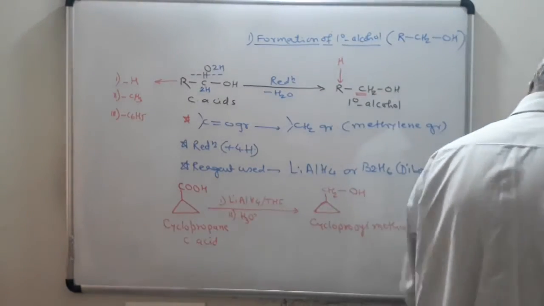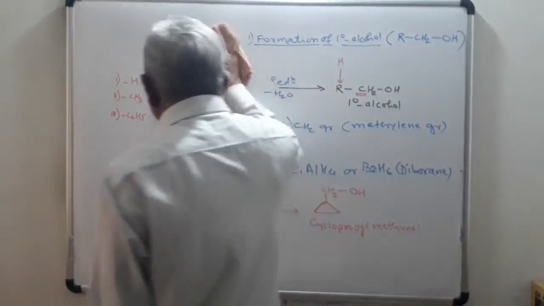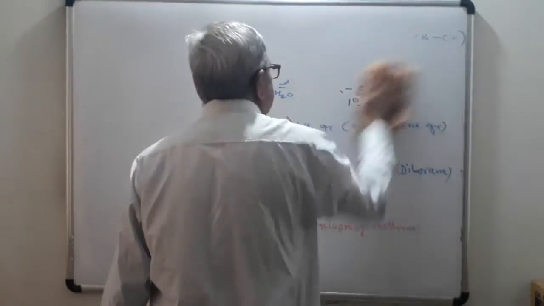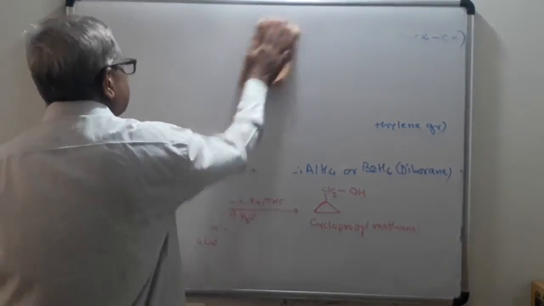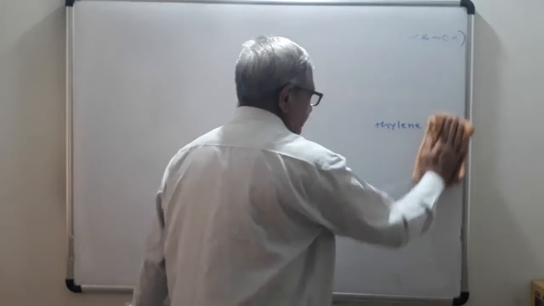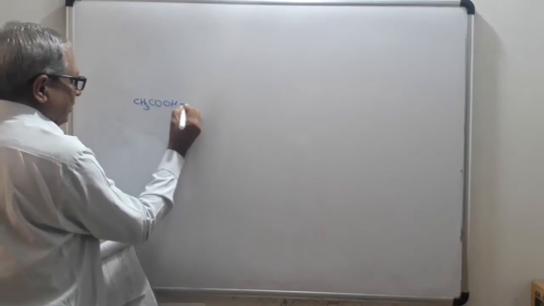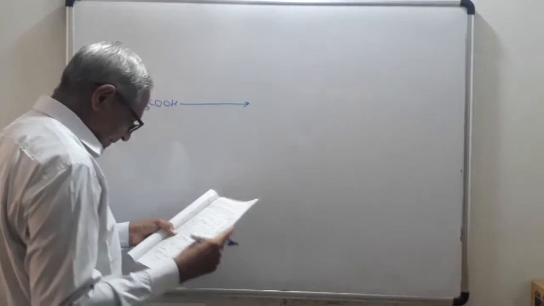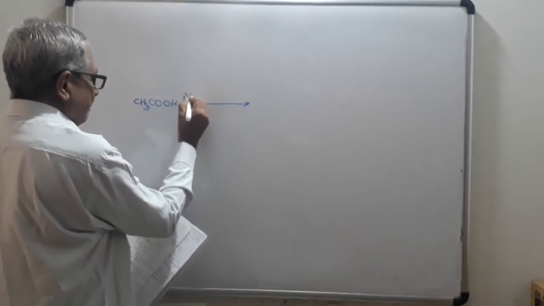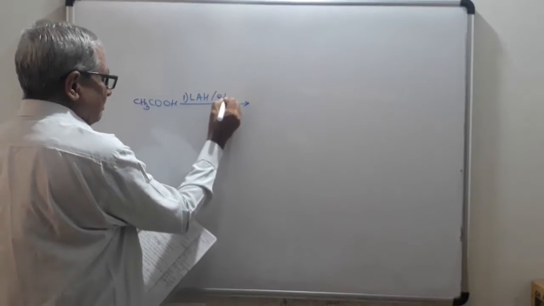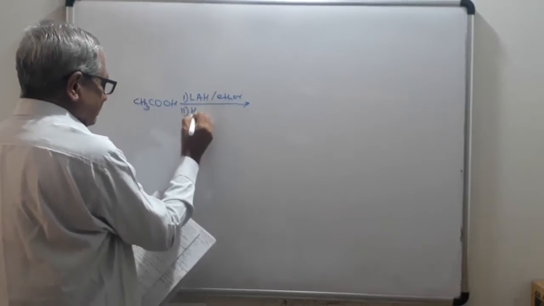Now I will set one neat question here. So write down that question. CH3COOH is treated with lithium aluminum hydride, shortly denoted as LAH, in presence of ether, and second is acid hydrolysis.